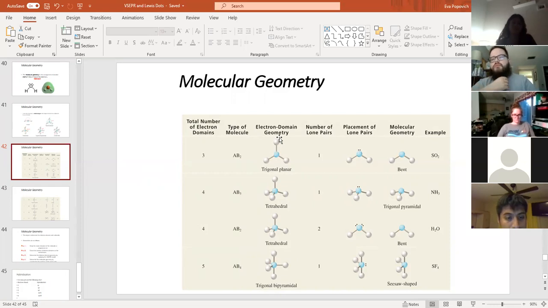It's like I'm putting all three of these atoms at points of a triangle. Okay. So it is trigonal planar.